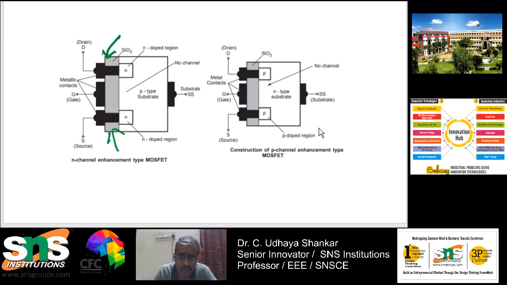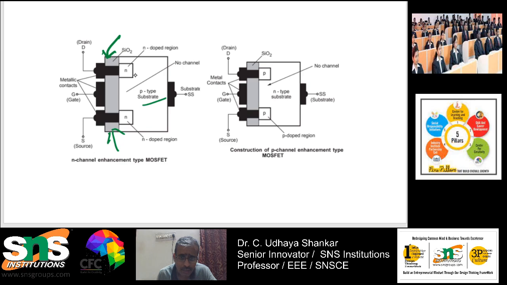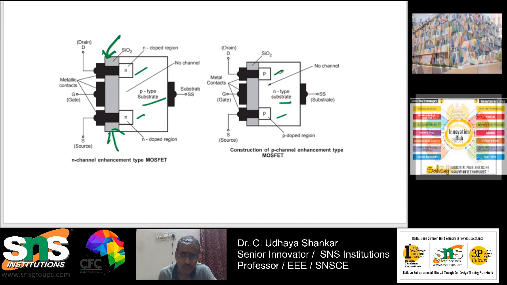Since there is no physical channel, I have to grow the channel. That's why it is called enhancement. You can see that both P channel and N channel are almost similar. The only thing is here I am using the P type substrate and N doped regions, whereas here I am using an N type substrate and P doped regions. This decides the type.